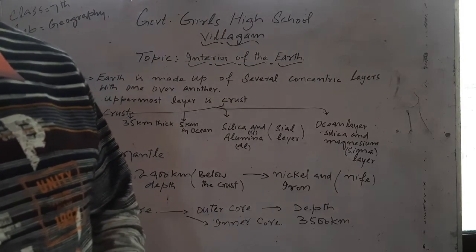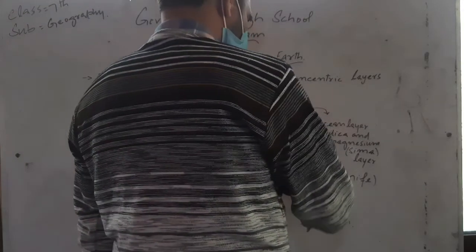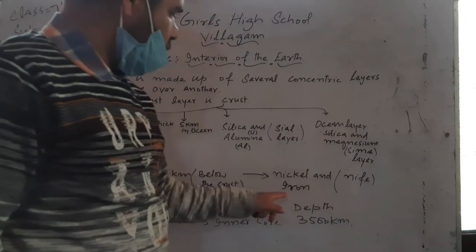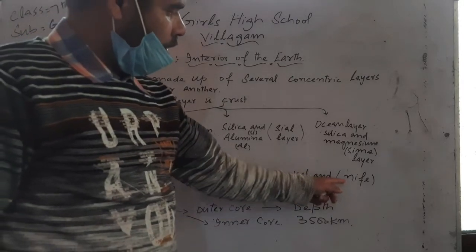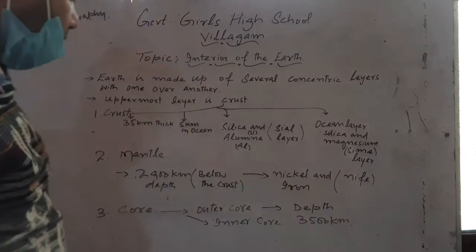Scientifically the symbol of iron is Fe, so it forms Nife. Here symbols have been used, so this is the Nife layer, because the mantle consists of nickel and iron, and their symbols form the Nife layer.